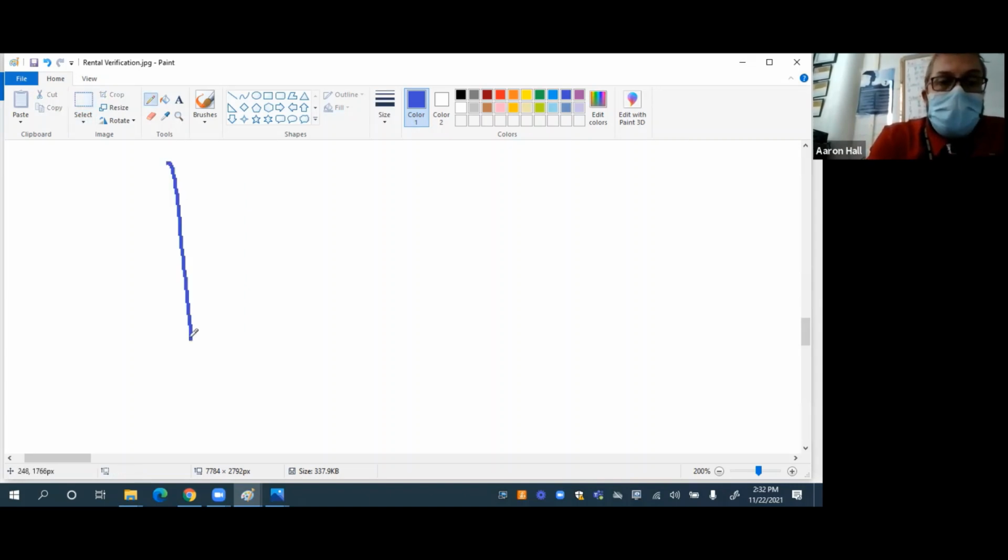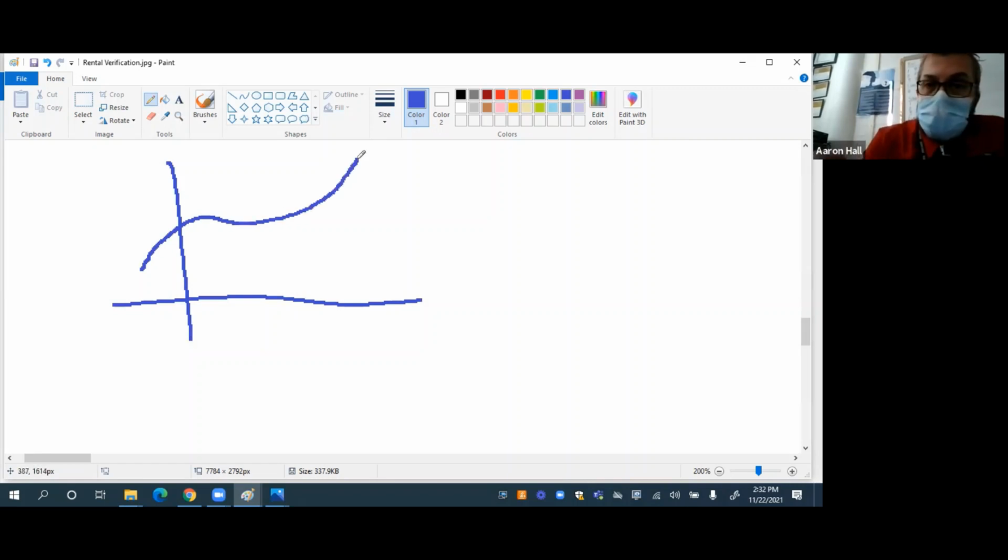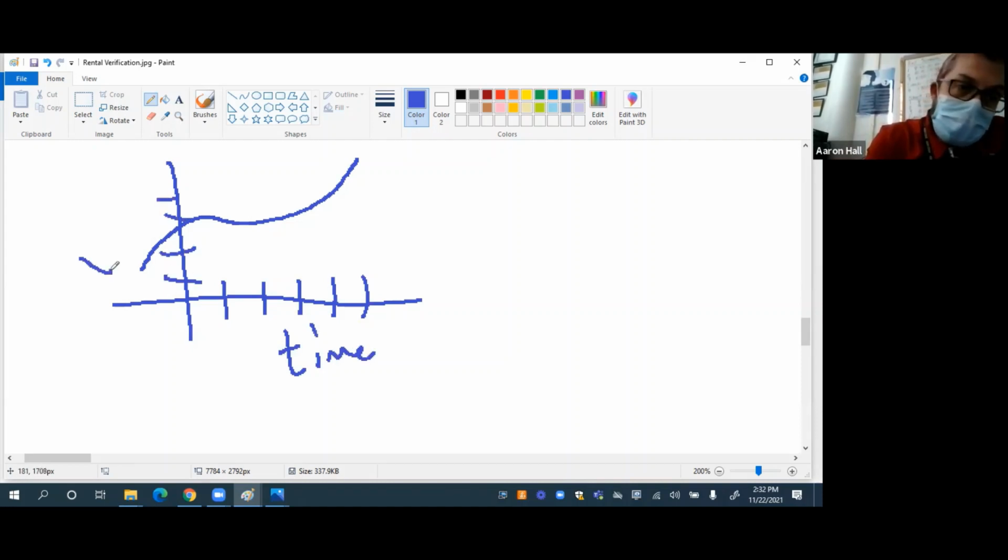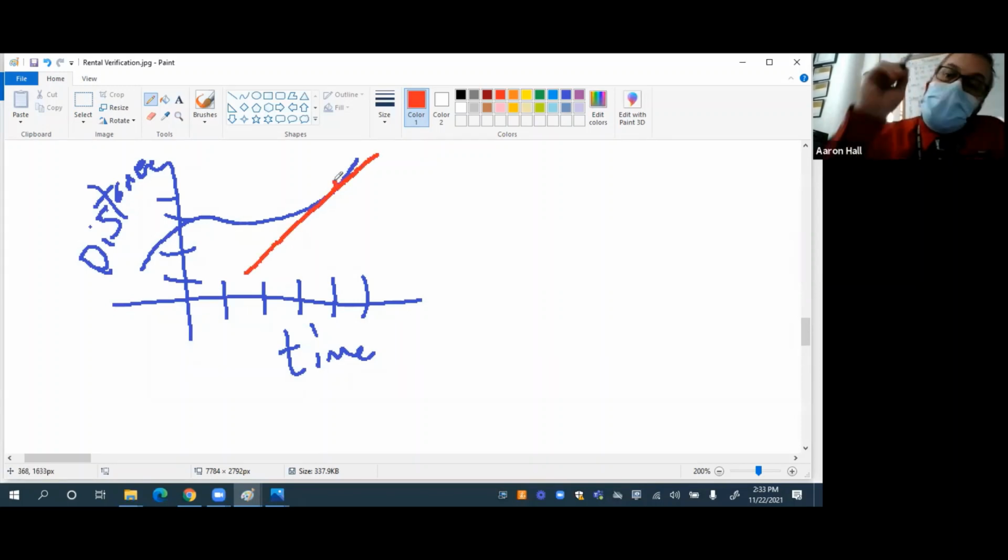Now, let's say that we have some graph here and some curve like this, and this is time versus distance, and I want to find the instantaneous rate of change at some point. Then describe to me, Riley, what it means.